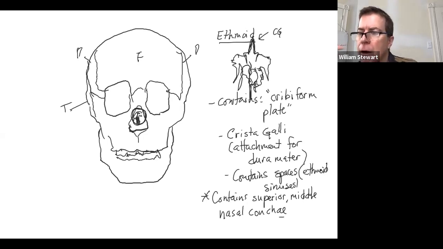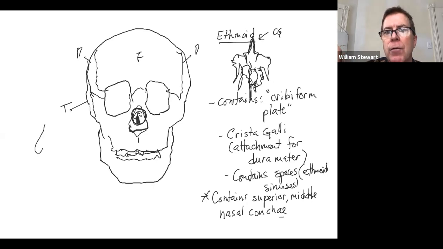If I left the E off, it would be singular. The nasal concha are bone-supported folds of tissue in our nasal cavity that, if you were to look at them from the side, would look something like this. They sort of look like Roman blinds. They drape, that's the superior and middle nasal concha.